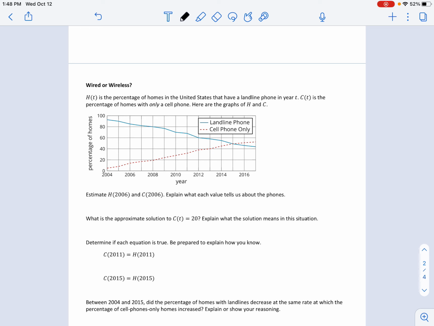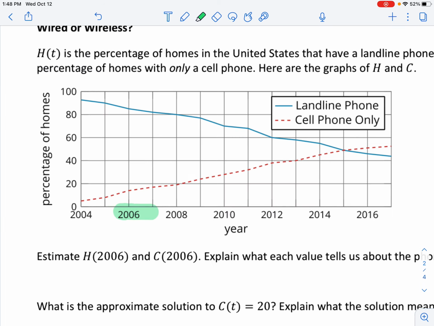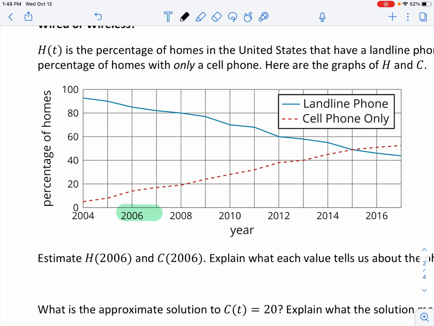So for this one, the first question is: estimate H of 2006 and C of 2006. Explain what each value tells us about the phones. If we go look at 2006 on the graph and go up, we can see that the cell phone graph is somewhere between 0 and 20.